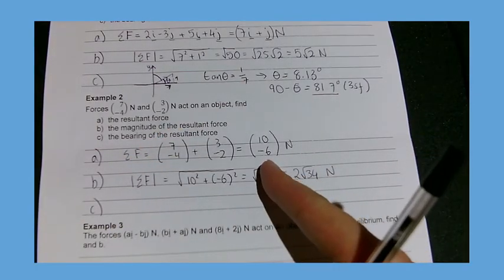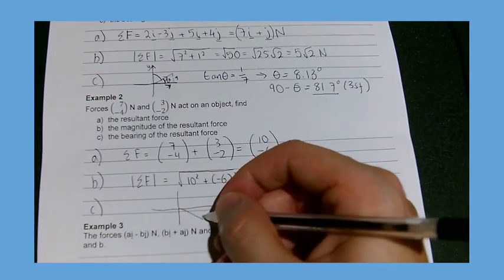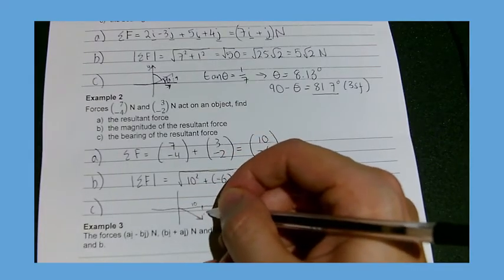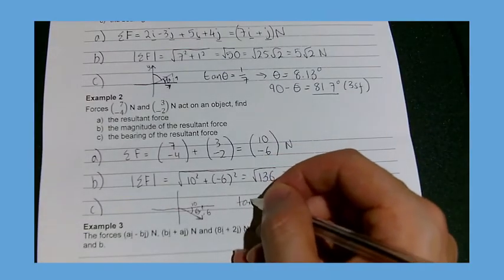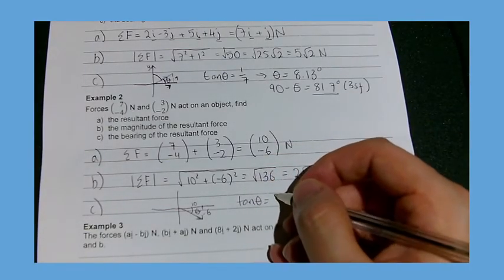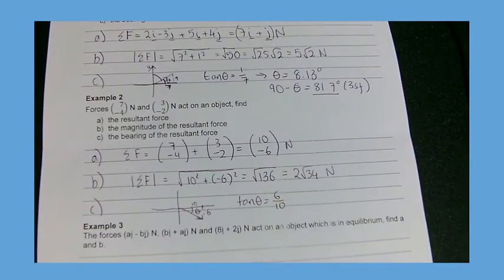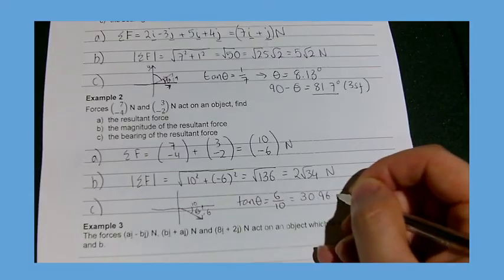So remember, we've got 10 minus 6 here. So it's 10 across, minus 6, so it's going to look like that. Again, let's find this angle. So tan theta equals opposite over adjacent, which is 30.96, etc. That's this angle here.